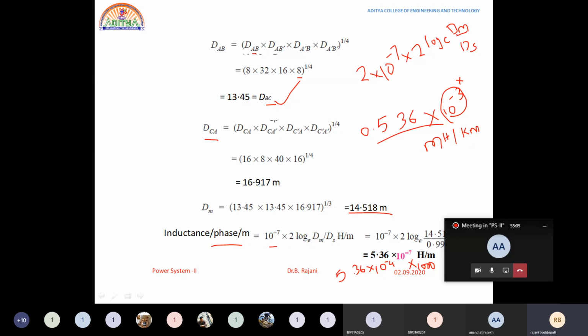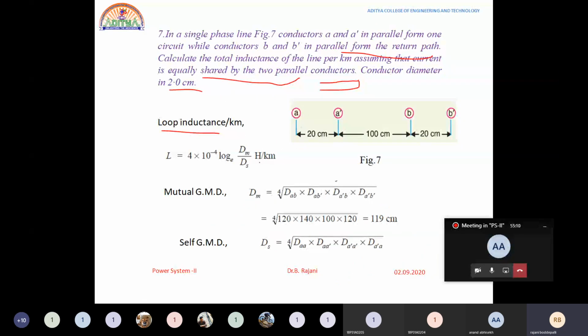If it is per kilometer, meter length. See here, he had given you the value as kilometer. So it is 4 into 10 to the power of minus 7 log e dm by ds.